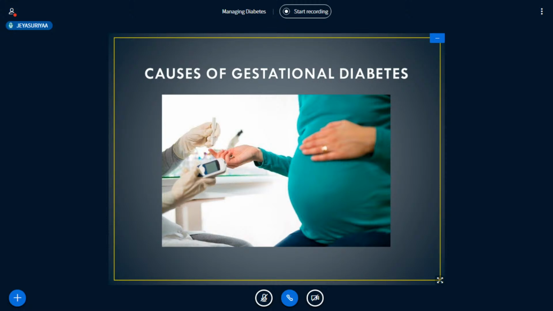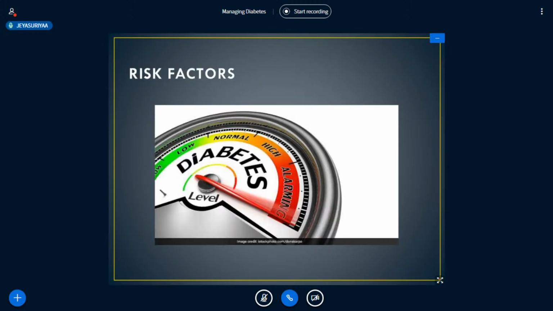These hormones make our cells more resistant to insulin. Normally, our pancreas responds by producing enough extra insulin to overcome this resistance. But sometimes our pancreas can't keep up. When this happens, too little glucose gets into our cells and too much stays in our blood, resulting in so-called gestational diabetes. Now coming to the risk factors of diabetes.